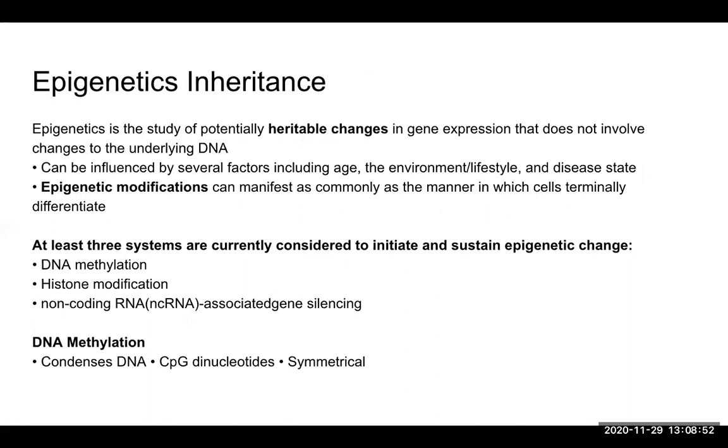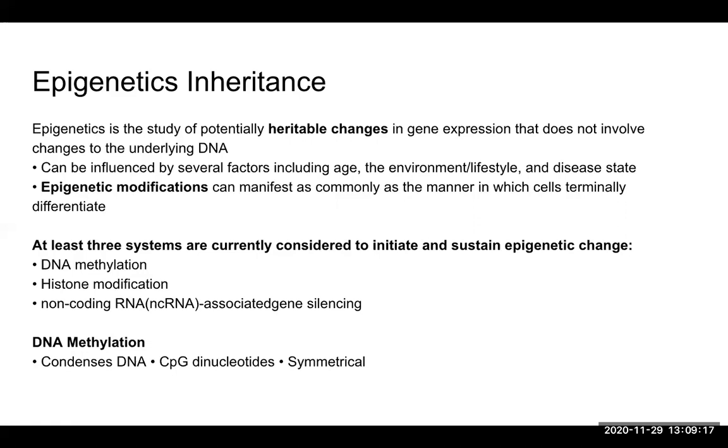Okay, now we're going to be talking about epigenetic inheritance, and if I'm correct, this is actually the last thing we're going to be talking about. Epigenetics is the study of potentially heritable changes in gene expression that does not involve changes to the underlying DNA. This can be influenced by many factors, including age, environment, lifestyle, and diseases.